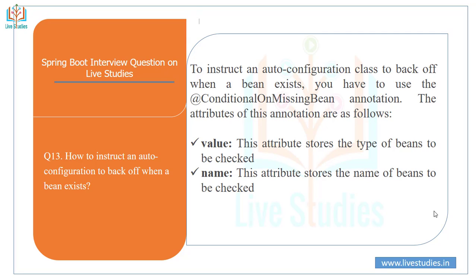The attributes of this annotation are as follows. Value: this attribute stores the type of beans to be checked. Name: this attribute stores the name of beans to be checked.